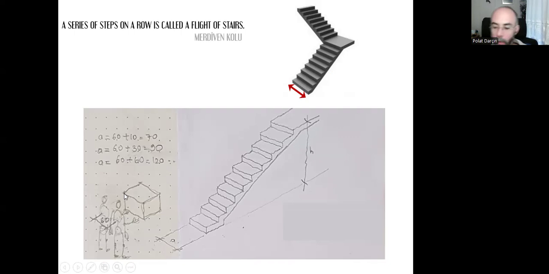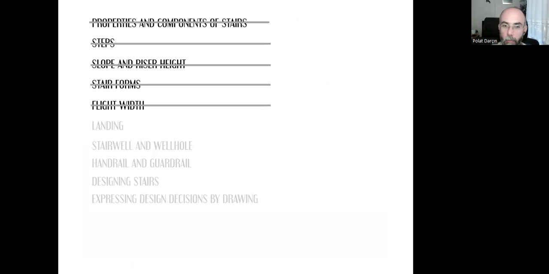And if two or more people are going to be using the stairs simultaneously, side by side, we can determine the required width by adding 60 for each person. Like two people walking side by side, then 60 plus 60, the required width will be 120. If three people, 180, and it goes like that.